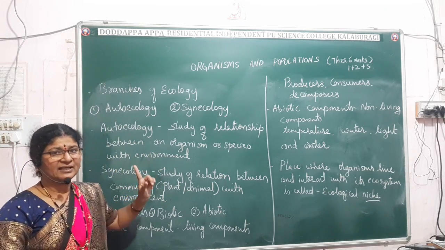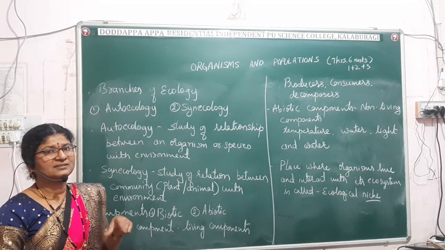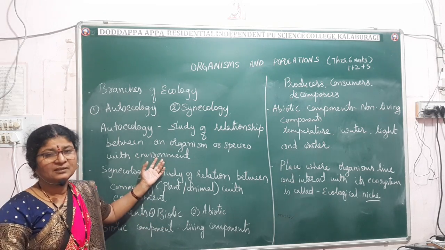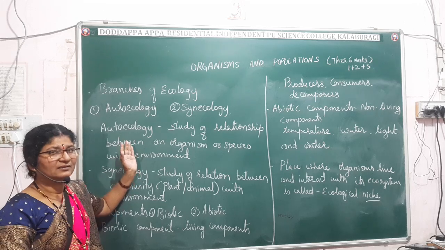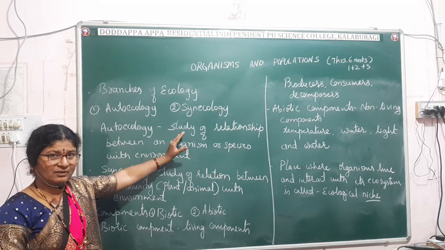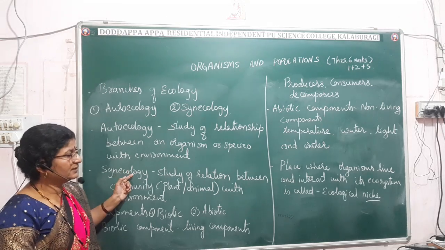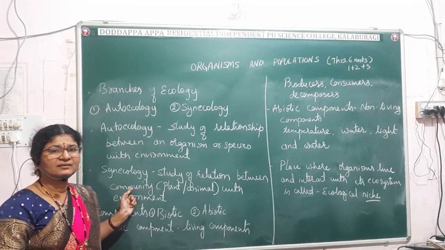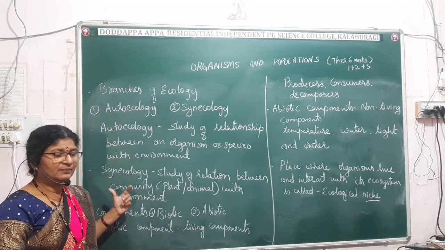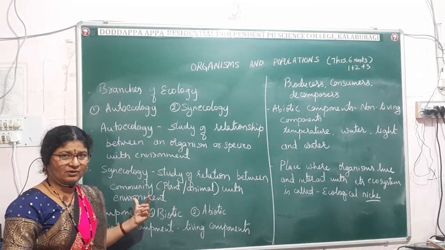Here we are considering only one organism or one species. So the relationship between the species and its environment is called autecology. And synecology deals with the study of a plant or animal community with its environment.